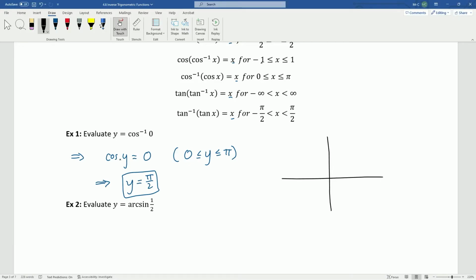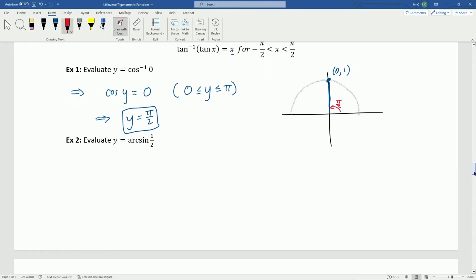So if I say cosine of y equals 0, I have to think to myself, what point on the unit circle gives me 0 for the x value? Oh, it's this point. So if this is the point that gives me 0 for cosine, now what's my angle? Oh, it's pi over 2, right? So you can just kind of reverse the process. Instead of drawing the angle first and then the point, you can draw the point first and then figure out the angle from it, just reversing that same process you've done before.